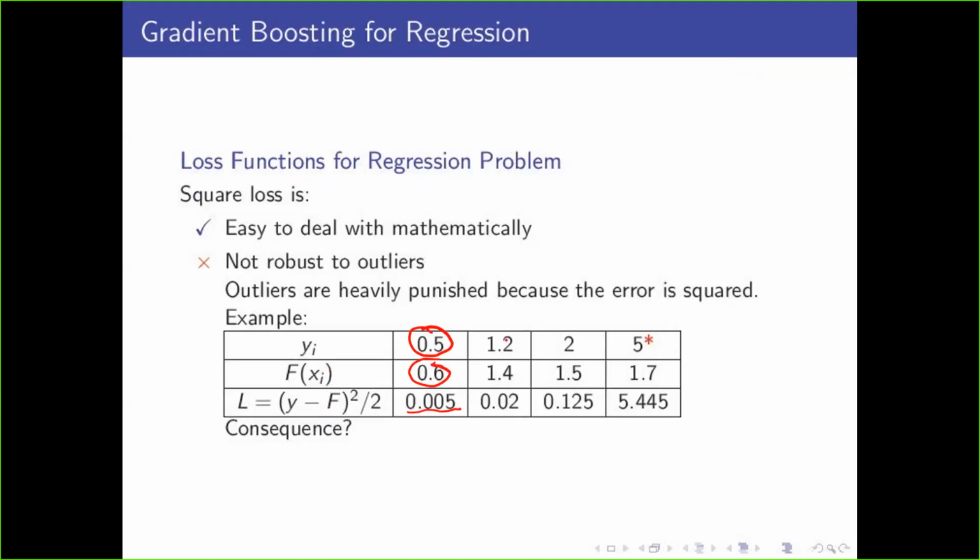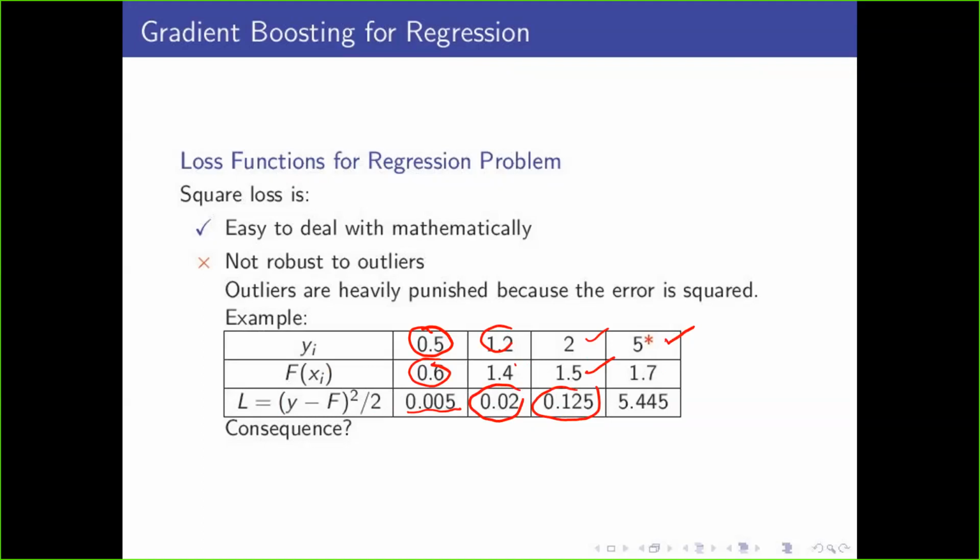If this is 1.2 and this is 1.4, it adds a penalty of 0.02. This is 2, this is 1.5, adding a penalty of 0.15. You see this case, here it is a 5. Clearly it is an outlier because it is very different from the other data points, and the prediction is saying 1.7.